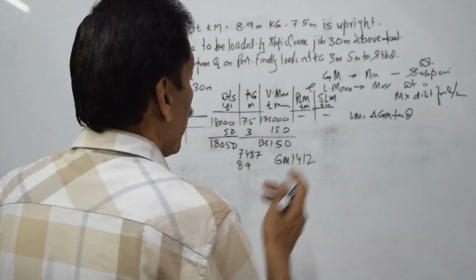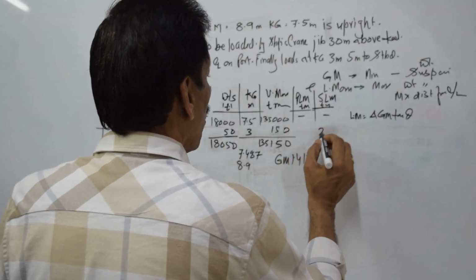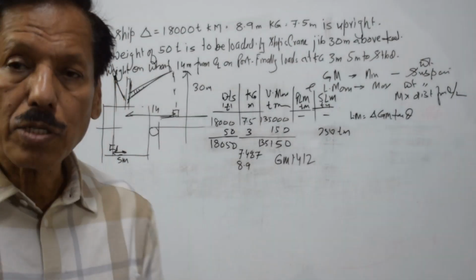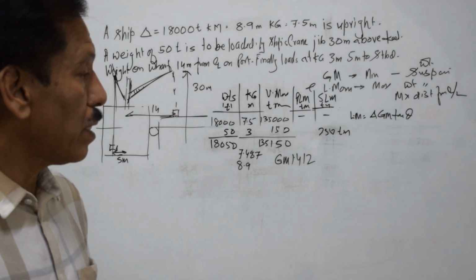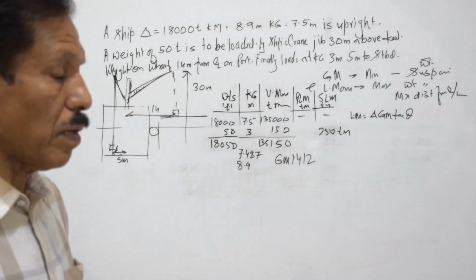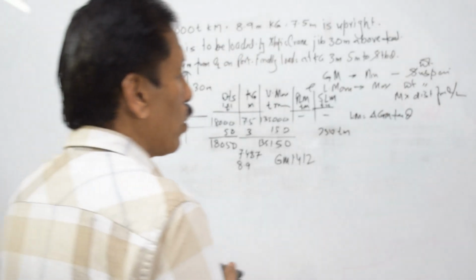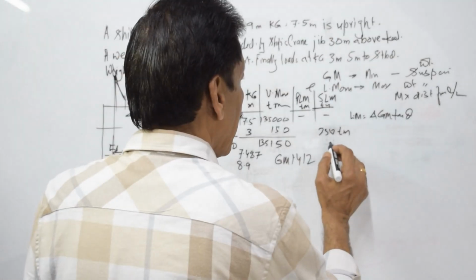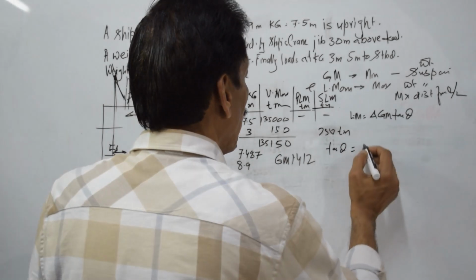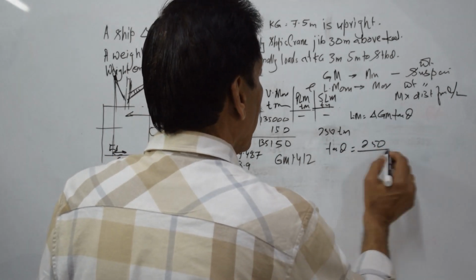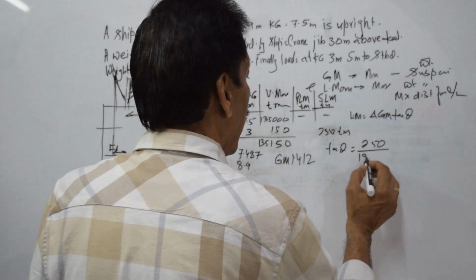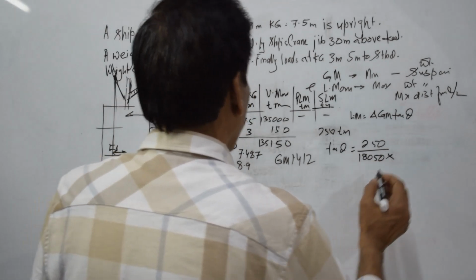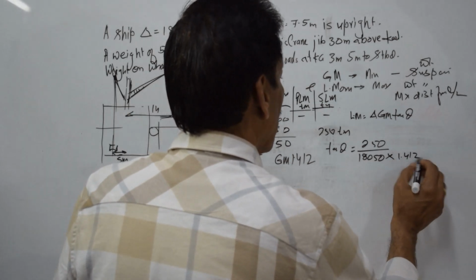Since the weight is loaded on the starboard side, 5 meters into 50, that makes the starboard listing moment 250 tons meter. Once again, the relationship between the listing moment and the angle of list: listing moment is equal to delta GM tan theta. So tan theta is equal to listing moment, that is 250, divided by delta GM, that is 18,050 multiplied by 1.412.